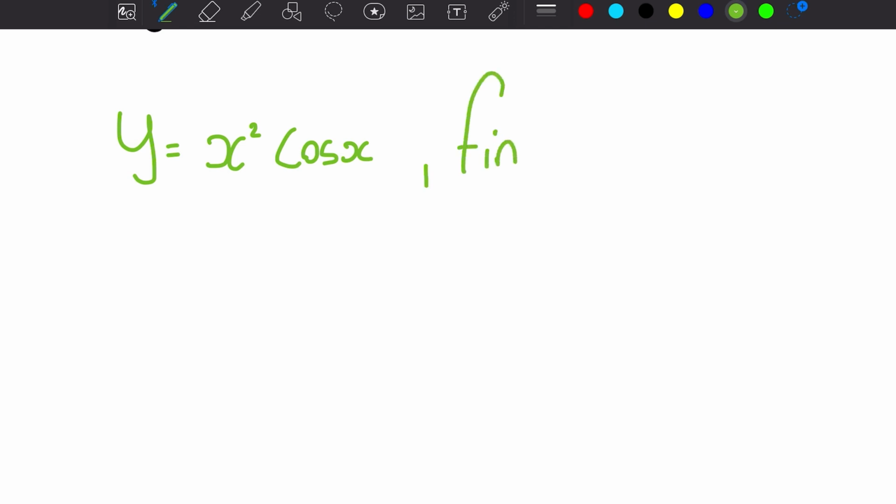Okay, so let's say we have y. I'll write it in another color. I'll say y is equal to x squared cos x. And they want you to find the second derivative, d squared y by dx squared.